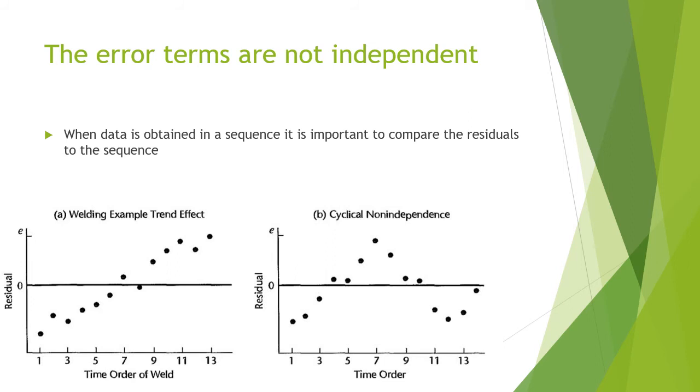In the first graph, we can see that there is a direct linear relationship between the residuals and the time order of the weld. In the second graph, we can see a different pattern that indicates that time order has some effect on the data.